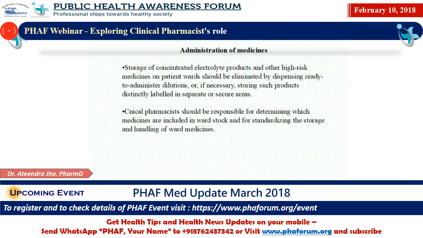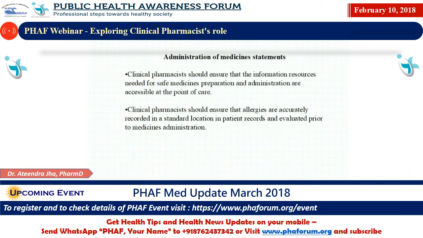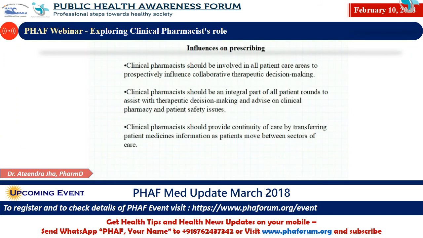If an ADR is there, it's a duty of the clinical pharmacist that if any severe ADR is reported, they have to inform the physician or the concerned doctors. If any drug interaction is there, then they should do the intervention and inform the concerned prescriber.